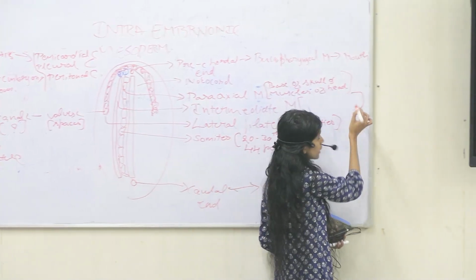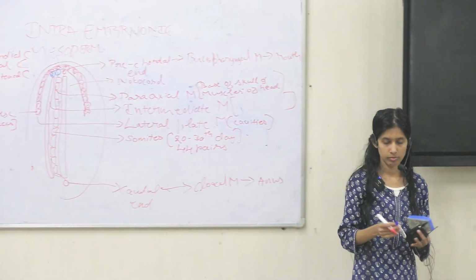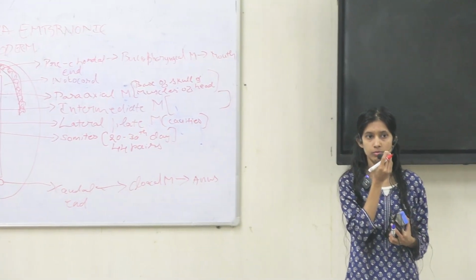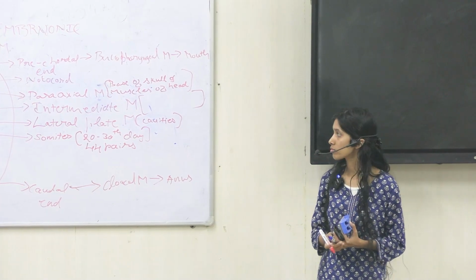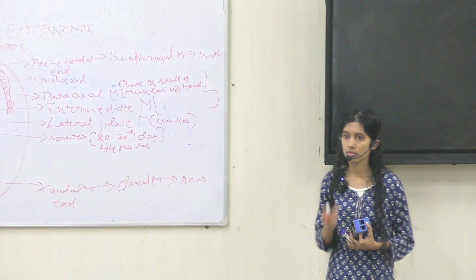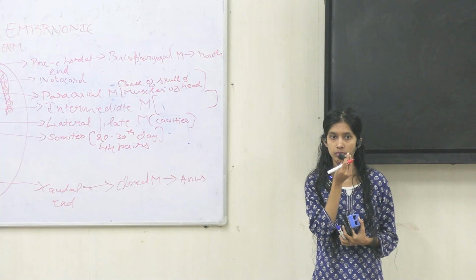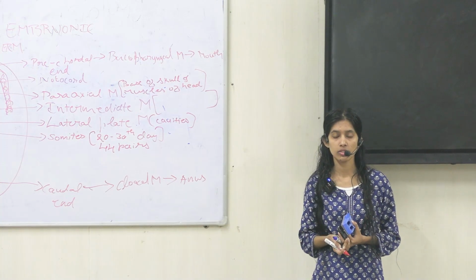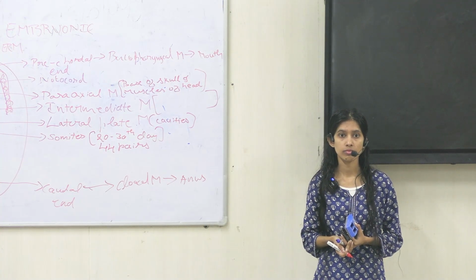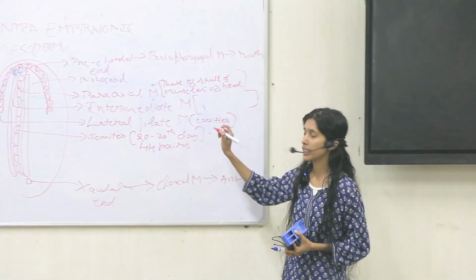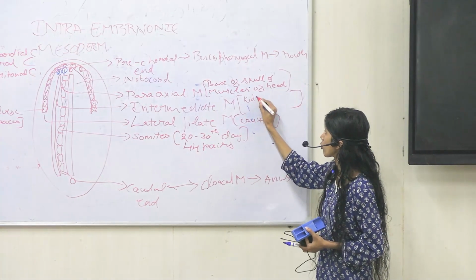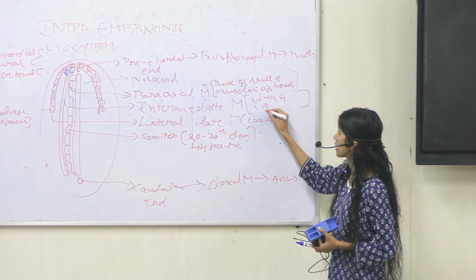What about the intermediate part? What structures? Urogenital, yeah, right. From the intermediate part, we can see the development of your kidney and glands.